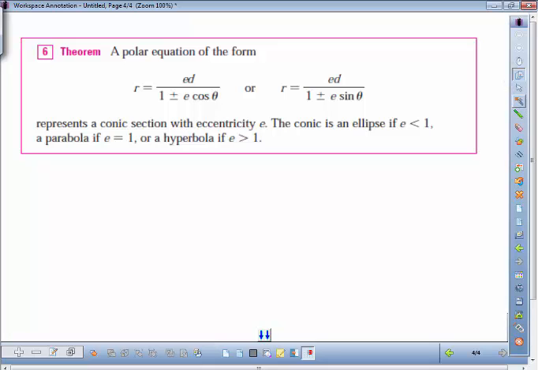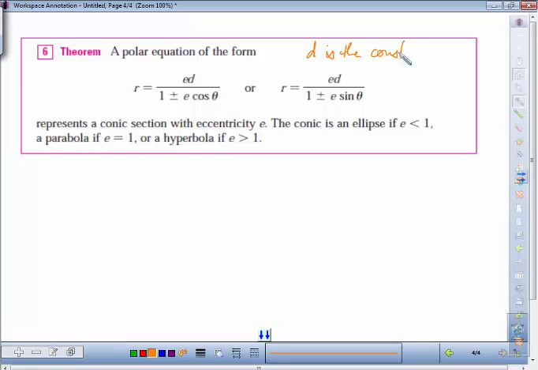And D, by the way, is a directrix. That comes from the equation of the directrix, which is either a horizontal or vertical line.